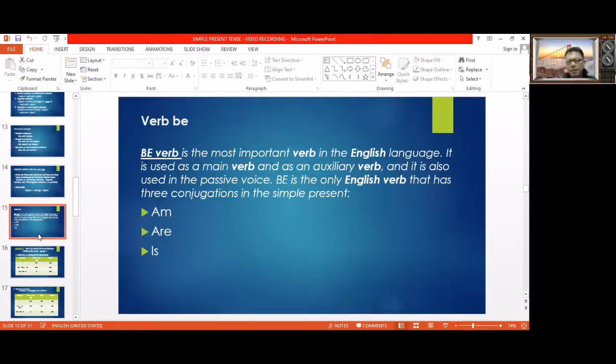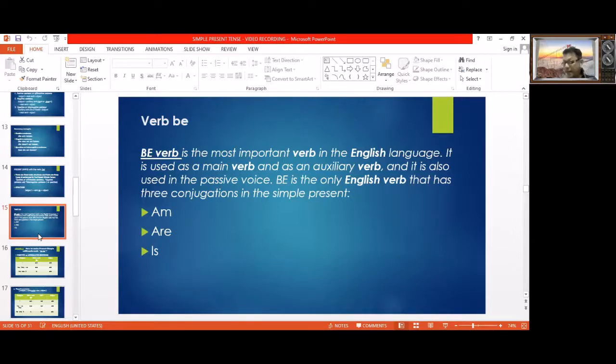The verb be is the most important verb in the English language. It is used as a main verb, as I mentioned earlier, and as an auxiliary verb as well. It is also used in the passive voice. Be is the only English verb that has three conjugations in the simple present tense.